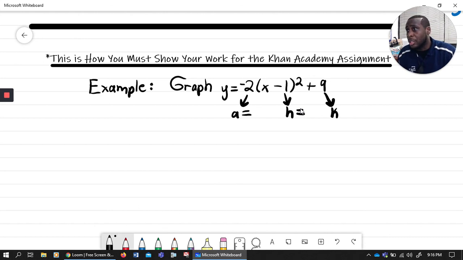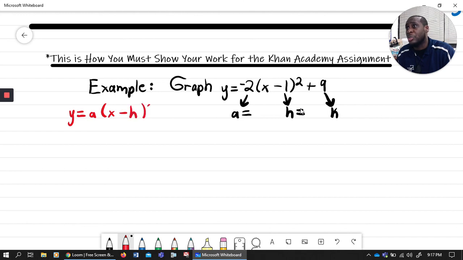Alright, and you should kind of be familiar. And actually, guys, even though they've got this equation here, what I'm going to want you to do is write out that form for vertex form.